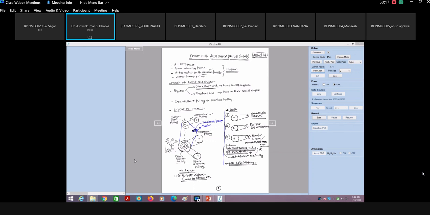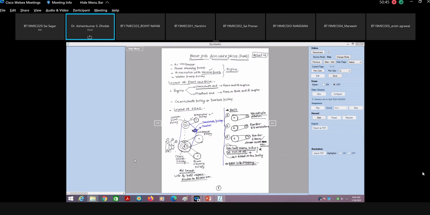What do you mean by belt slipping? Relative motion between pulley and belt. Okay, very good. Relative velocity should be there between belt and pulley. Sir, Ayush sir, there should not be relative velocity between belt and pulley. That is not at all accepted. It happens that the issue is different, okay, but it is not acceptable.